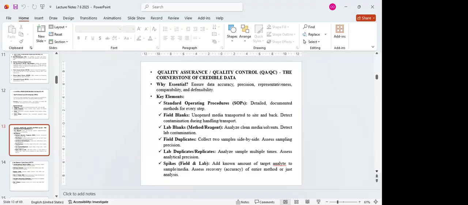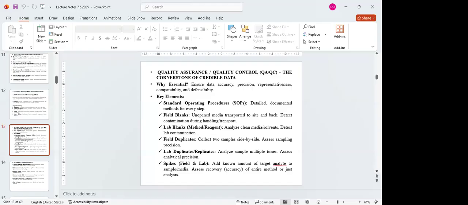Now, why is it essential? Why is it important? It's important because we need to ensure data accuracy, precision, representativeness, comparability, and defensibility, like I've mentioned before. So quality assurance in essence becomes an integral part of methodology, because if you don't include it from the onset, you discover that down the line, you will start having problems.